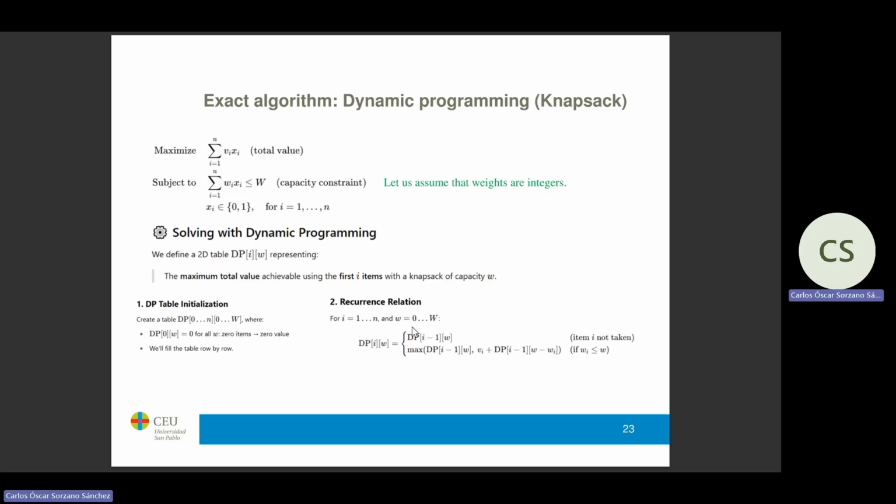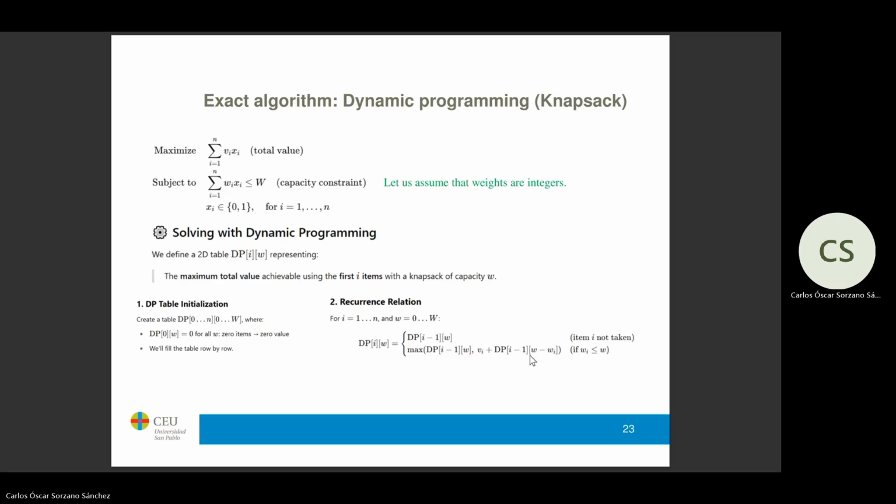If item i is not taken, then we simply copy the previous row at the same weight. And if w_i is smaller than W, then we take the maximum between the previous value, in the previous row, or the new value plus the value in the previous row once we subtract this.